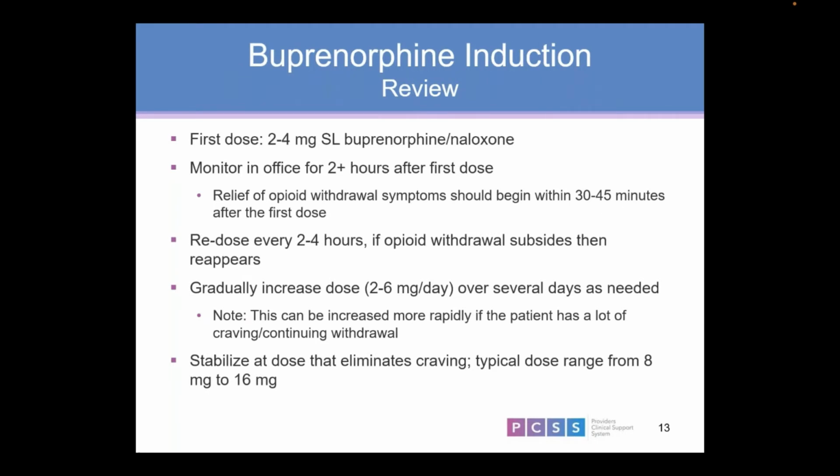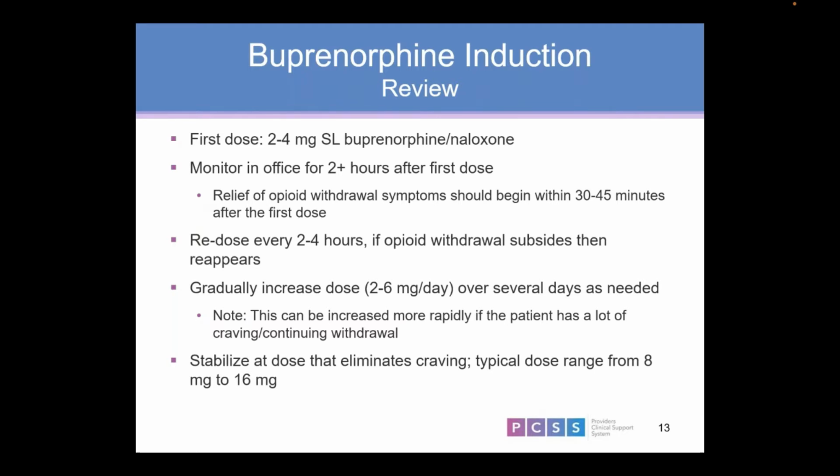So in review, the first dose is 2 to 4 milligrams. Again, many people are going to do just fine starting at 4 milligrams. I sometimes find it easier just to write for 2 milligram tabs, so that there's some availability for titration, and they're not breaking tablets in half.